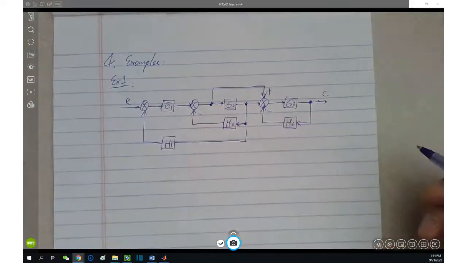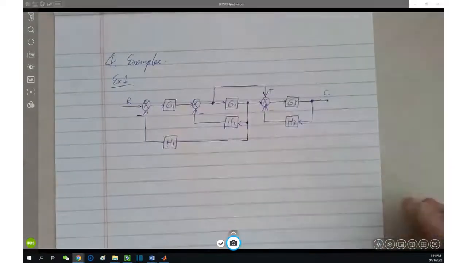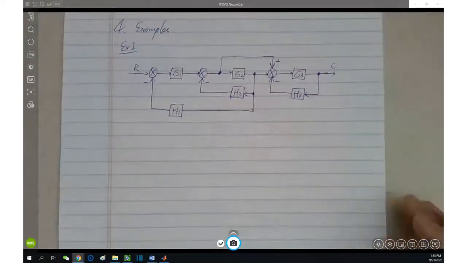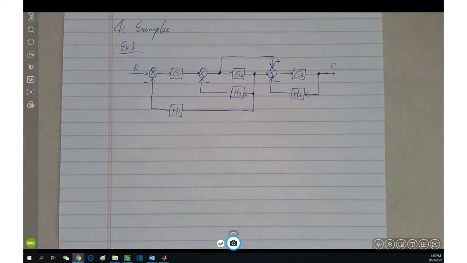Here we go. This is example one. If you roughly count, you can see three summing junctions and four pick-off points. Okay. Obviously, we need to do something.